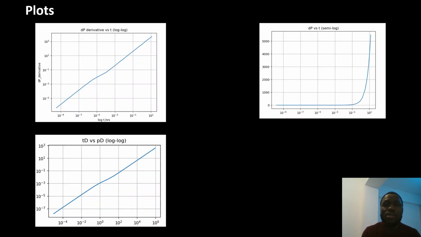This slide shows plots of results taken from our optimize/minimize method. The first plot on the top is a log-log plot of delta P derivative versus T. The second one on the right is a semi-log plot of delta P versus T. The third plot shows a log-log plot of dimensionless time against dimensionless pressure.